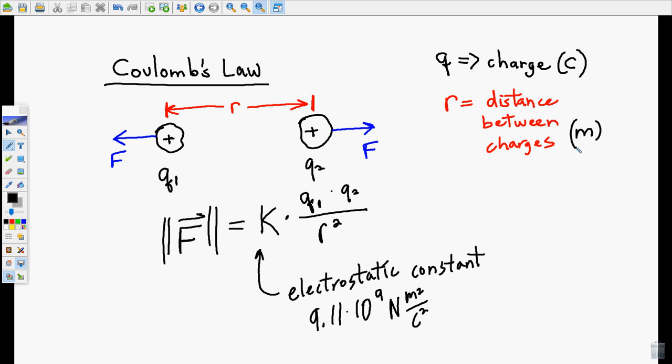Now, a lot of times, we're just going to be focusing on the force acting on Q2.